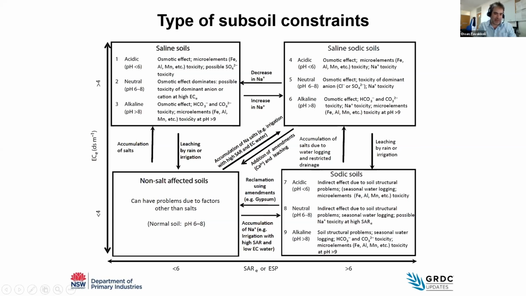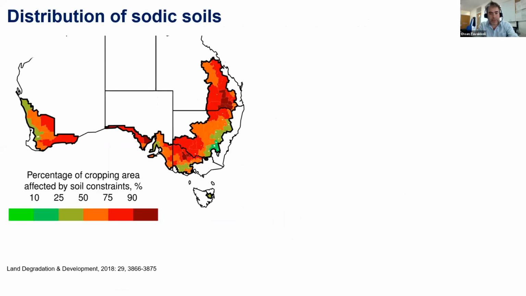Most of our acidic soils, you don't need to worry about sodicity, because the high pH in sodic soils is one of the reasons that we get that dispersion. So acidic soils in comparison to these have less chance of dispersion.